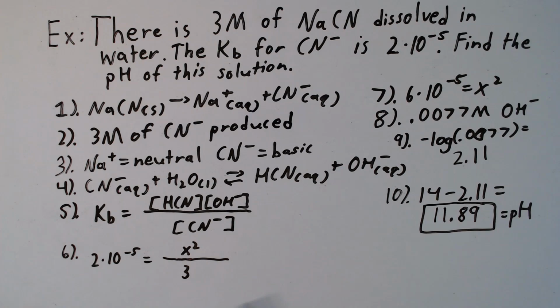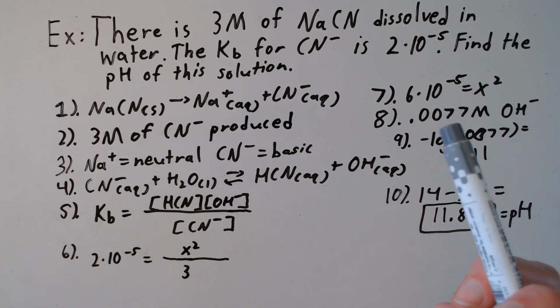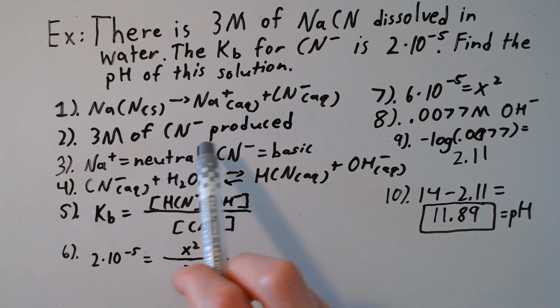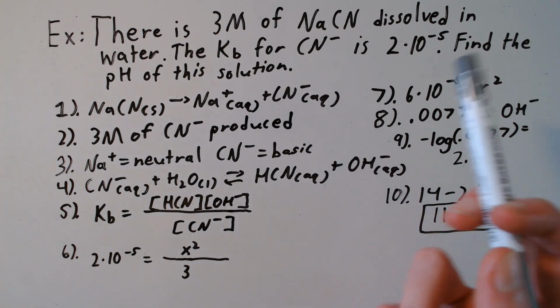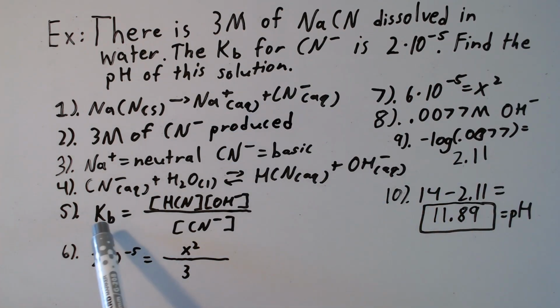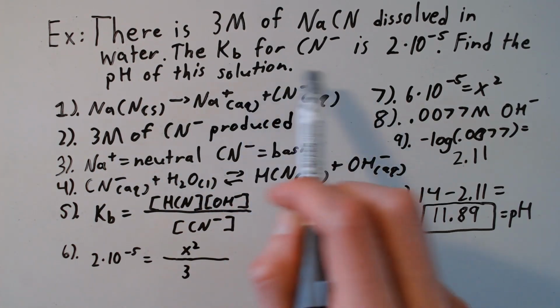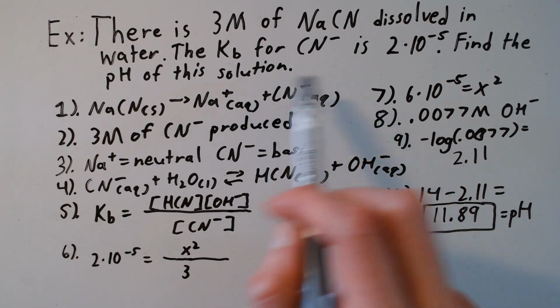And this becomes a simple base problem where we have to figure out the concentration of OH- ions produced by 3 molar of CN-, so that then we could figure out the pH. And we write the equilibrium equation for the CN- ion, because we don't care about this, we only care about this active ion that actually makes the solution basic.